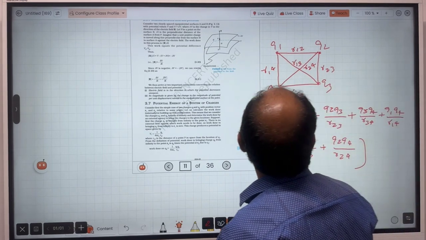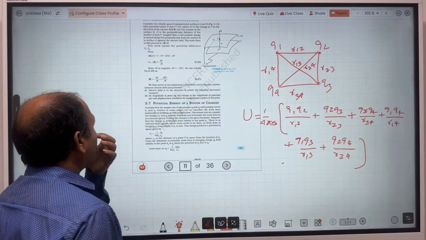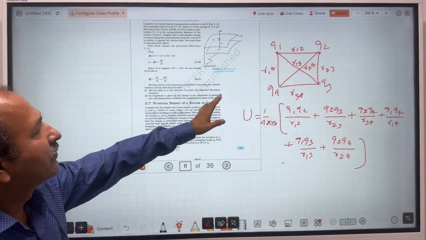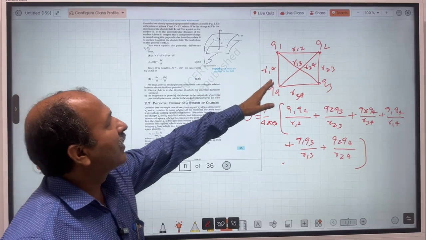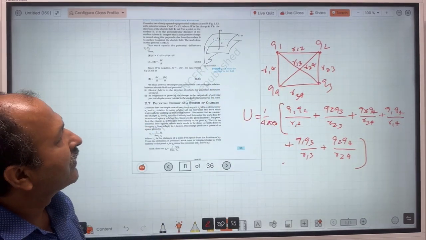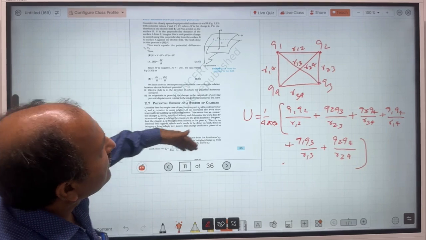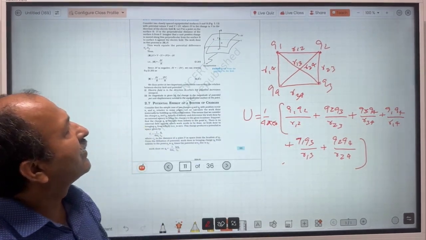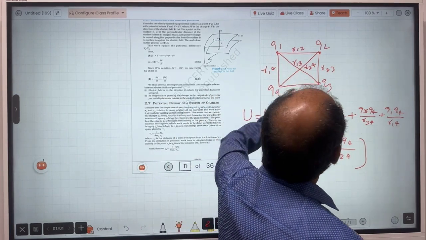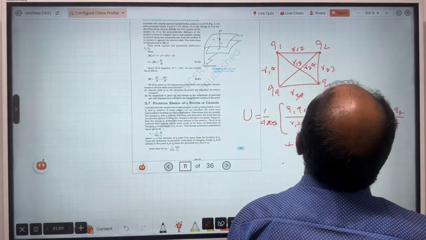So this is the expression for potential energy due to four charges if they are located at the corners of a rectangle or any quadrilateral. If they are along the same line, then you can find it separately. Then these interactions will not be there.